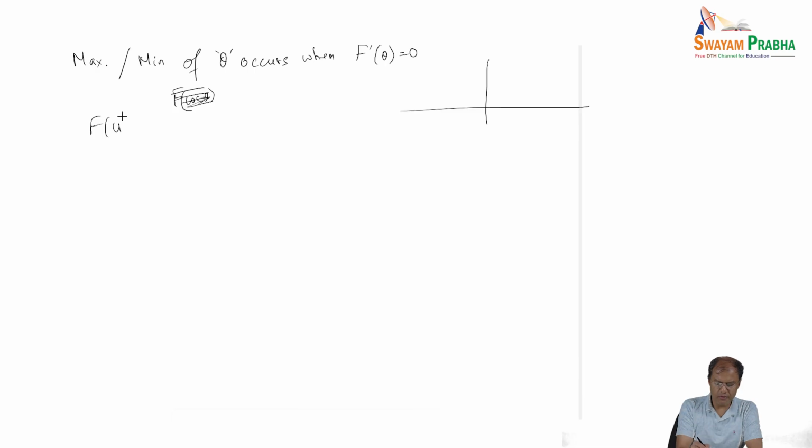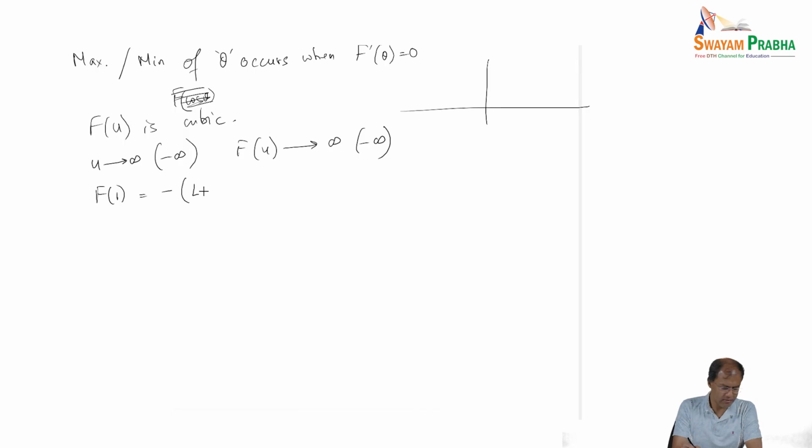So f of u is cubic, so 3 roots, and you will also see that as u goes to infinity or minus infinity, f of u also goes to infinity or minus infinity. We further see that f of 1 is minus Lz minus Cn square, if we plug in cos theta equal to 1. And f of minus 1 is another negative number, minus Lz plus Cn whole square.